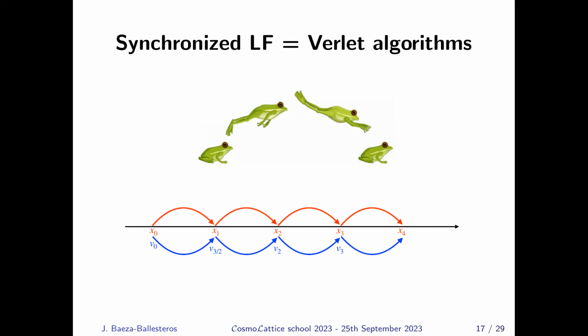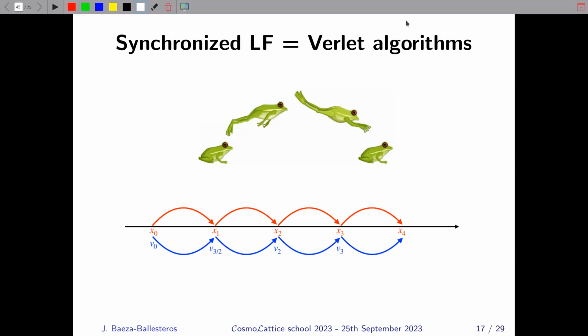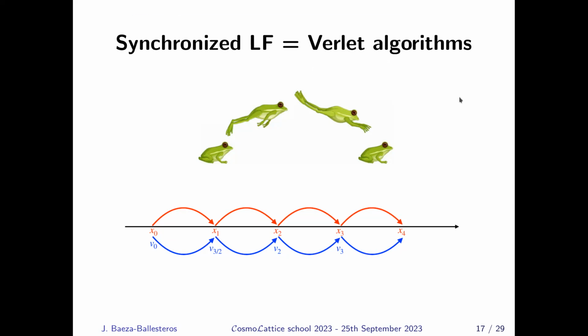So yesterday Adrian introduced the Verlet algorithms first, and then put the leapfrog as a particular case. Historically, it was the opposite. The leapfrog was the first developed, and then the Verlet were developed like a century later.